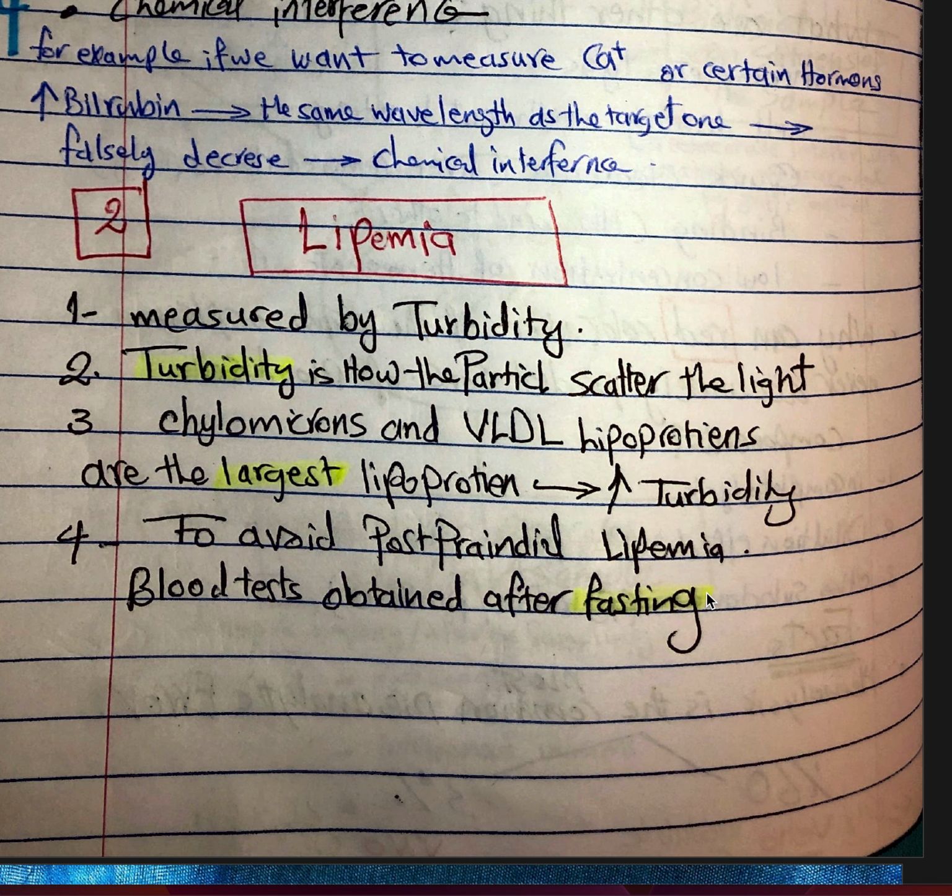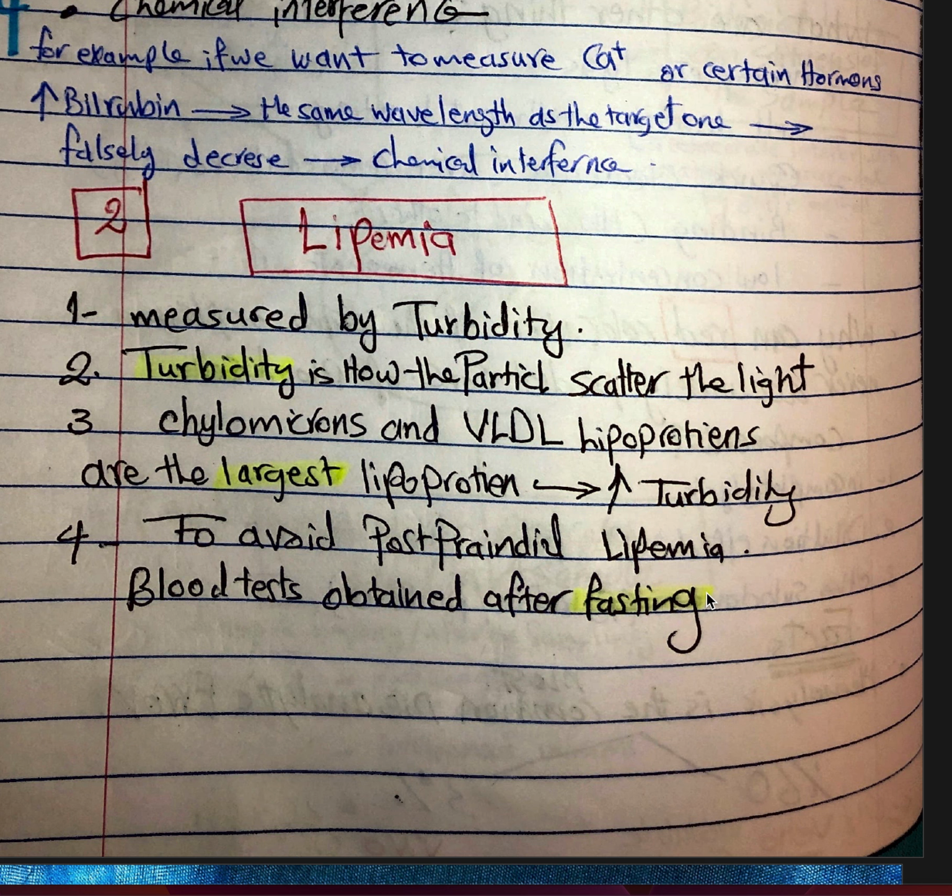The first thing is that it is measured by turbidity, and that is logical, because lipids scatter the light. They do not absorb the light like bilirubin; no, they scatter the light. So lipemia is measured by turbidity. Turbidity is how the particles scatter the light.